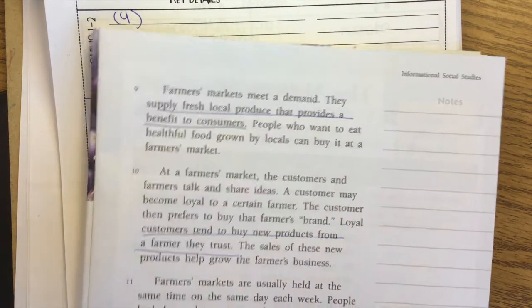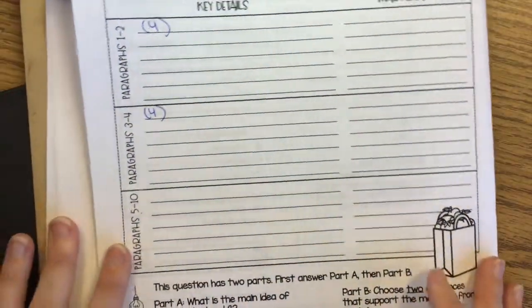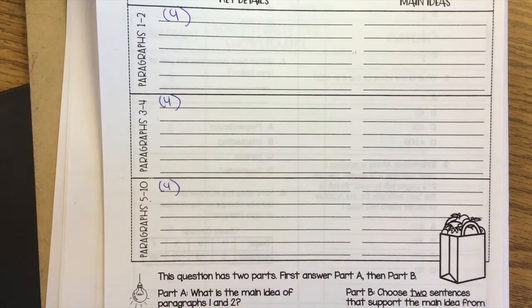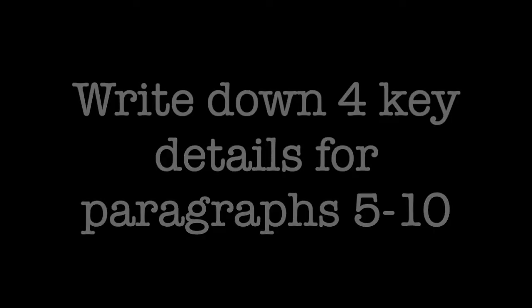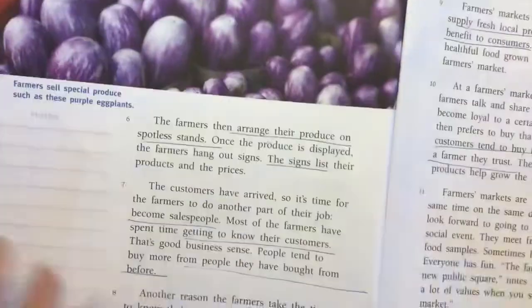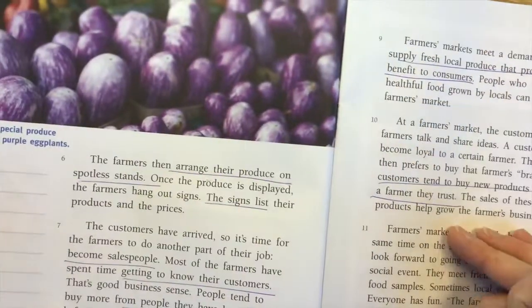All right, so what I want you to do is, we read paragraphs 5 through 10, and I want you to again write down 4 key details for paragraphs 5 through 10. Go. And now we're going to write the main idea. So for this one, we're trying to figure out what the most important part was when we were reading paragraphs 5, 6, 7, 8, 9, and 10.